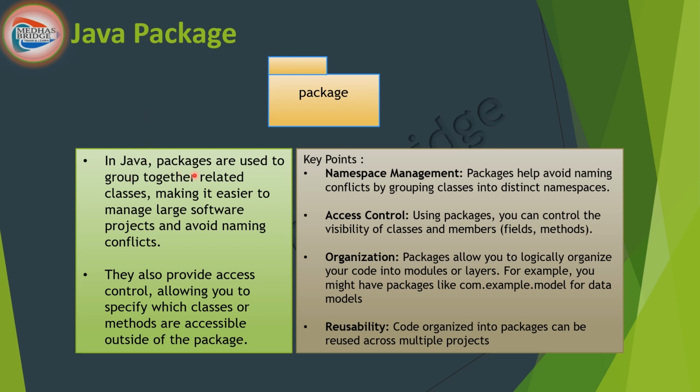In Java, packages are used to group together related classes, making it easier to manage large software projects and avoid naming conflicts. A package name always starts with a lowercase letter to avoid a conflict with the names of classes and interfaces. They also provide access control, allowing you to specify which classes or methods are accessible outside of the package.